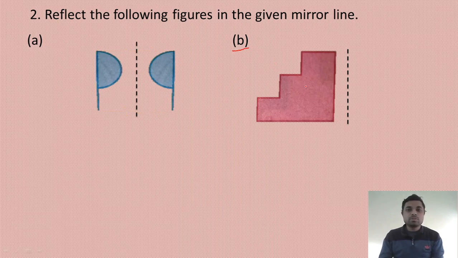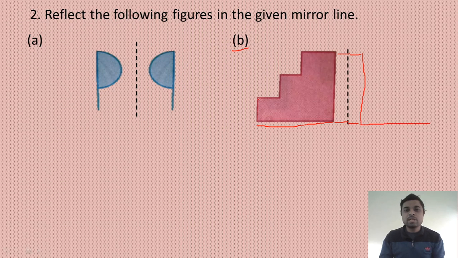B. So here this is the middle line. So first draw this line, measure the distance from here to here. So the same here to here. Then draw it. Is it clear? Then measure the distance here to here. You also draw this distance.